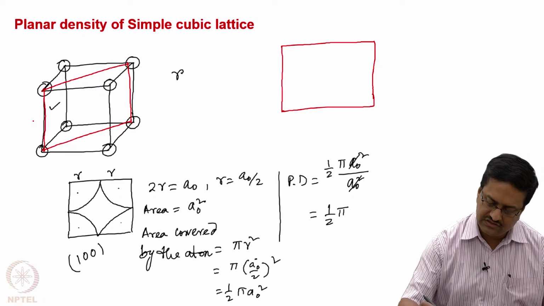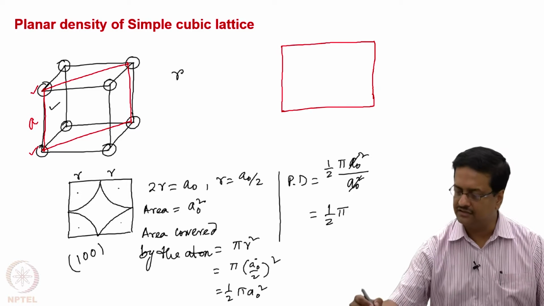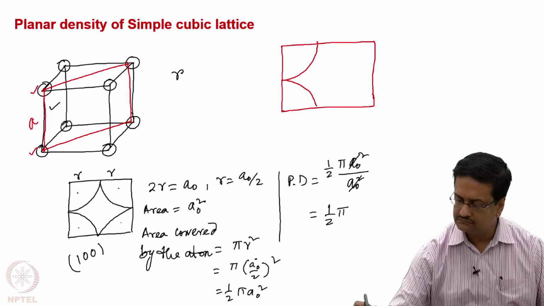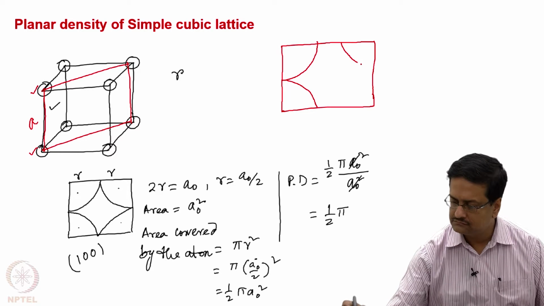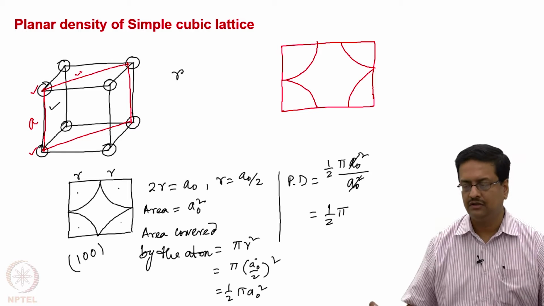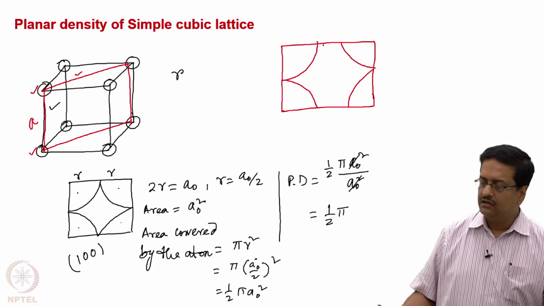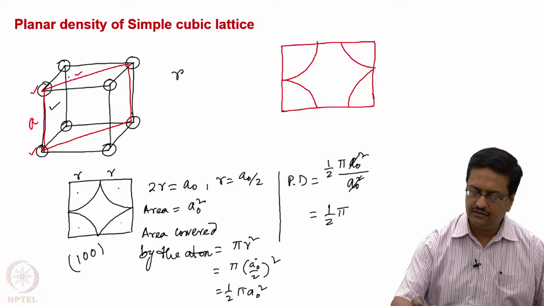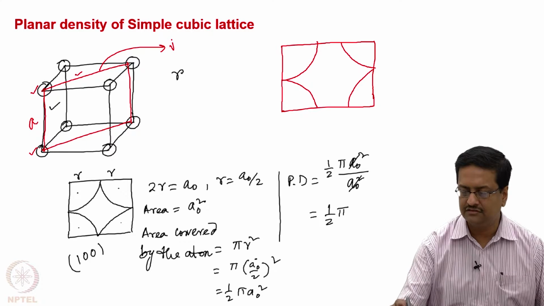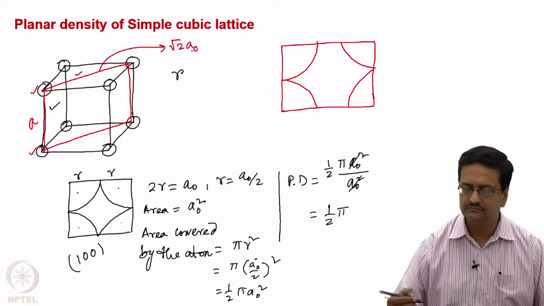Along this edge, which is a0, these two atoms are going to touch each other, but along the face diagonal they don't touch, so there is a gap. The length of the face diagonal is root 2 a0.